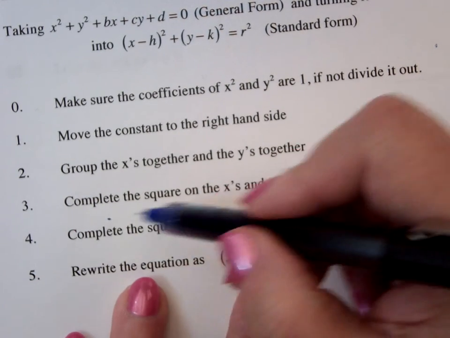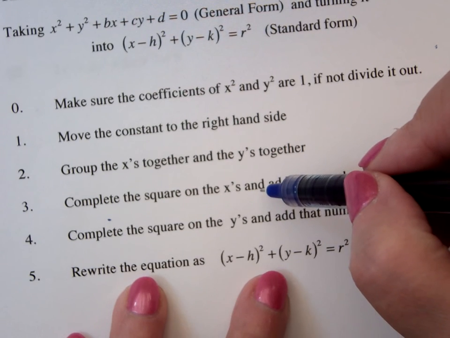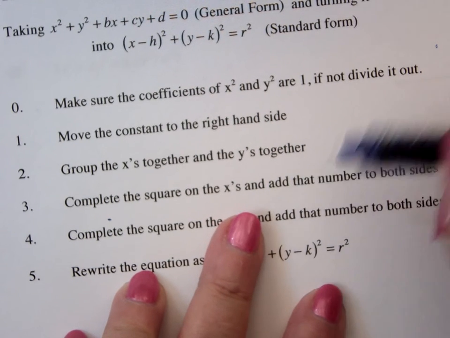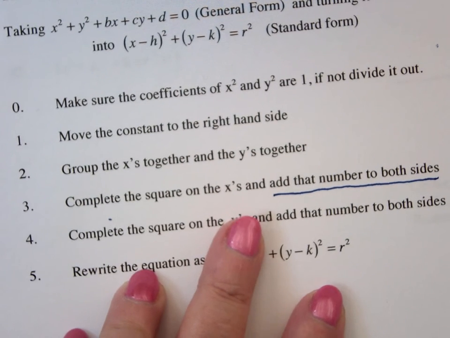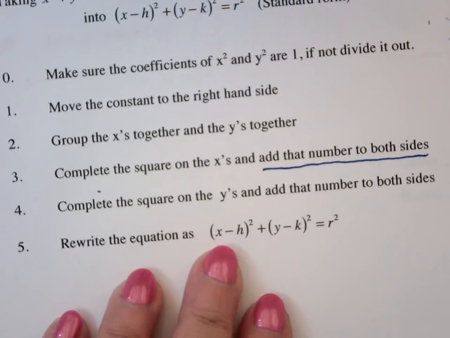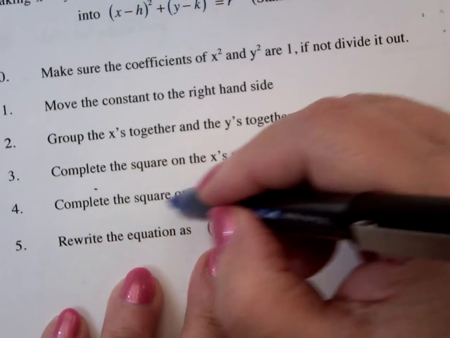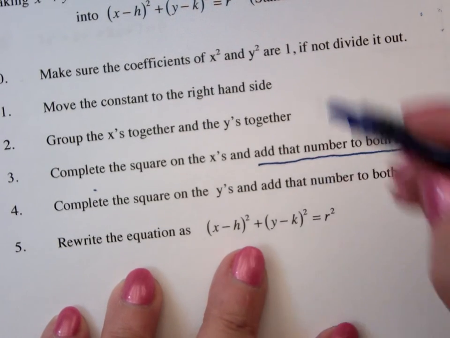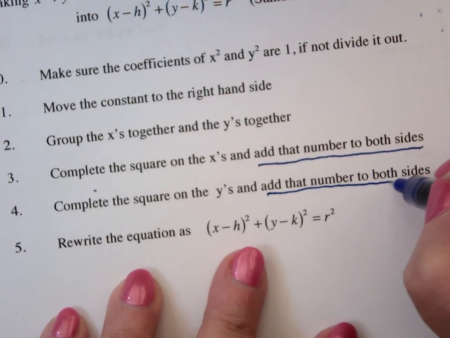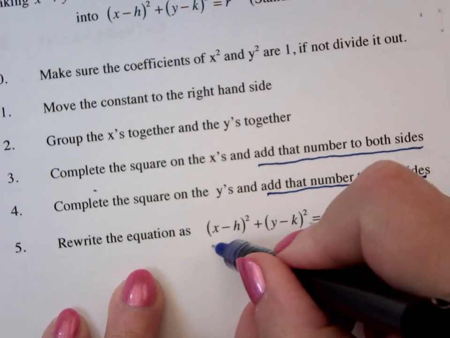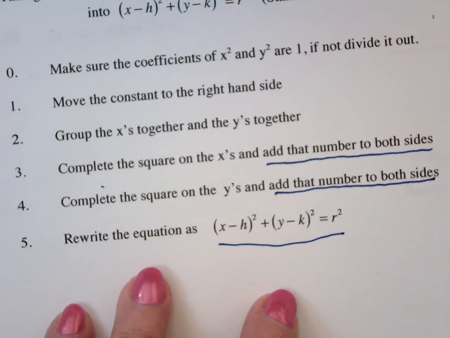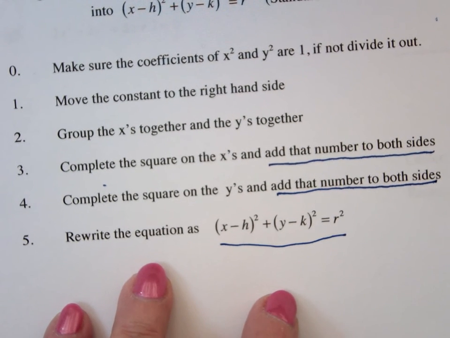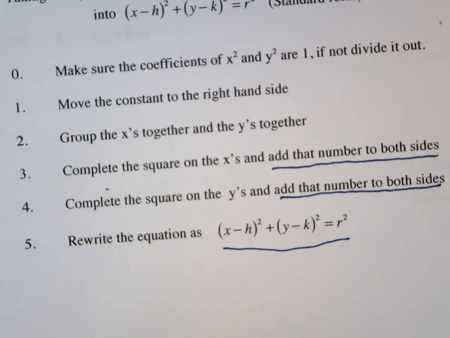You complete the square on the x's and add that number, and this is important, add that number to both sides. You complete the square on the y's and you add that number to both sides, and then you can rewrite it in standard form. Those are the 5 steps to completing that problem.